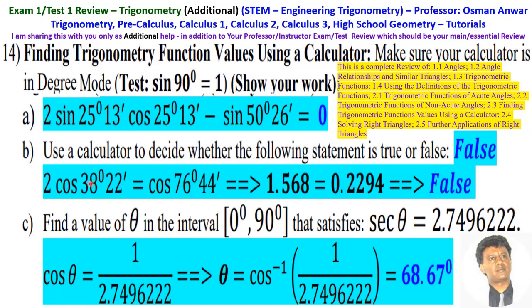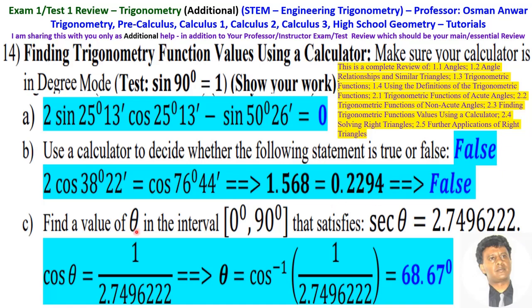The relationship is that 76 degree and 44 minutes is twice 38 degree and 22 minutes. And if you put this in the calculator, 2 cosine 38 degree and 22 minutes is 1.568, and cosine 76 degree and 44 minutes is 0.229694, and this is false. This is not true.